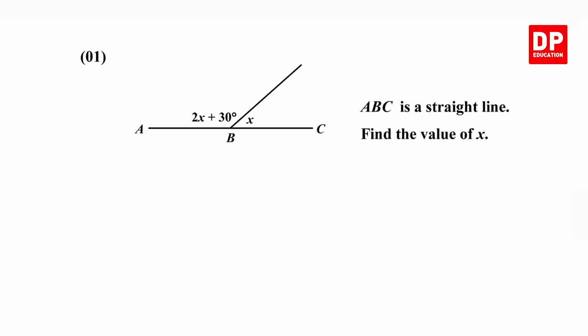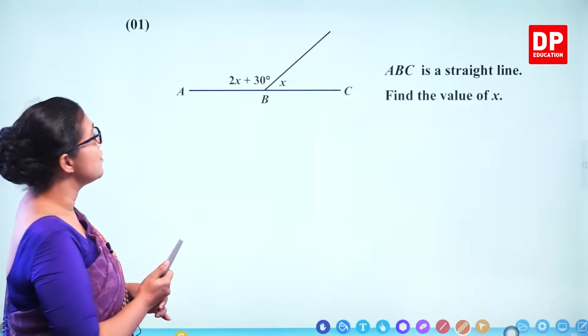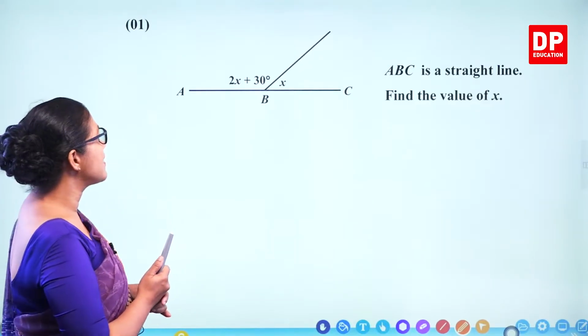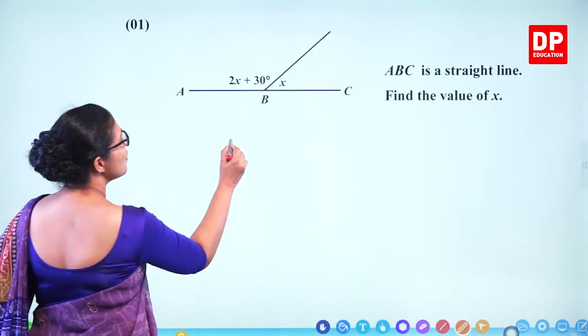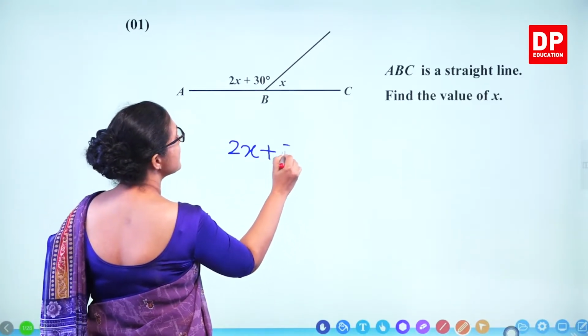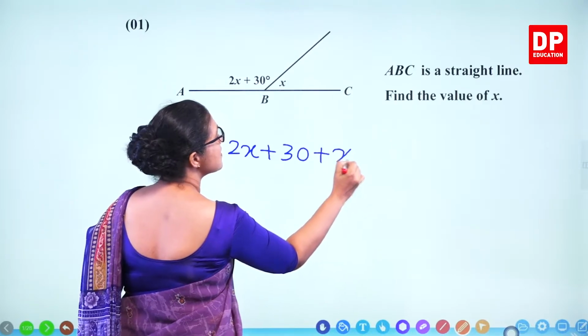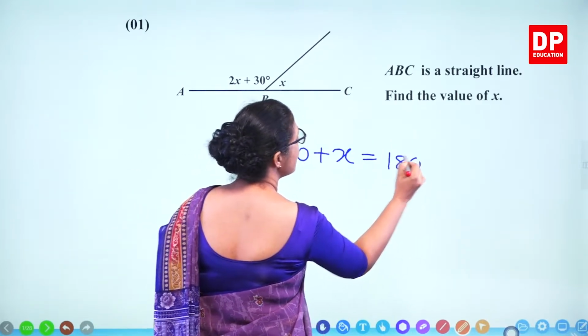Let's do question number 1. ABC is a straight line. Find the value of x. So straight line means angle sum is 180. So you can write 2x plus 30 plus x is 180.